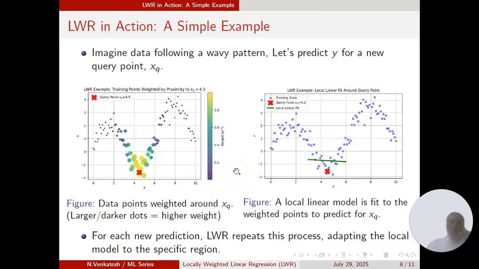So here there are two parameters: one is tau and another one is the learning rate. As we know, the learning rate has an impact on learning this linear model, and we will see in the implementation how tau has an impact on assigning weights to these nearby points.